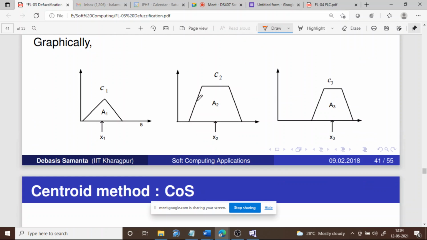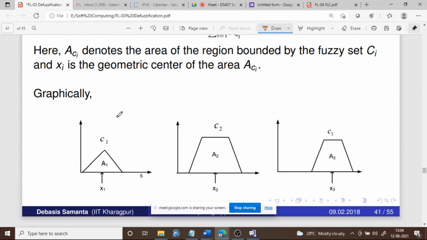For example, if you have three membership functions, say C1, C2 and C3, then find the area of each separately, and for each curve find an x which is the middle point, starting from here to here. Similarly here, find the center x point, and similarly here.